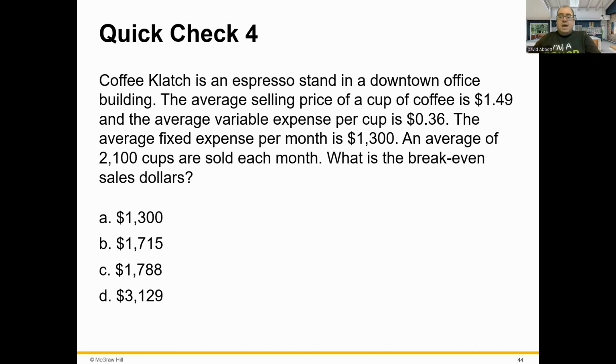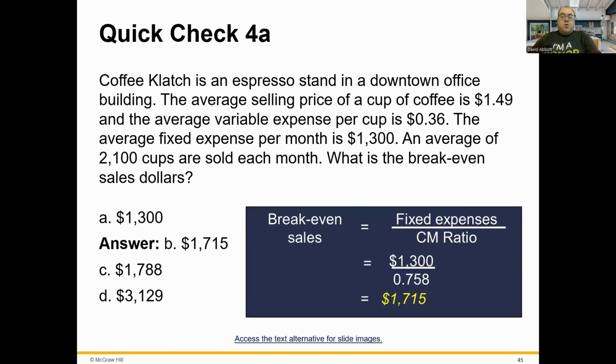So let's look again at using our Coffee Clash example of this. Coffee Clash is an espresso stand, as we said, and I'm not going to read all of this, but we want to know what the break-even point is. In order to calculate that, we're going to take our fixed expenses divided by our contribution margin ratio that we already calculated previously.